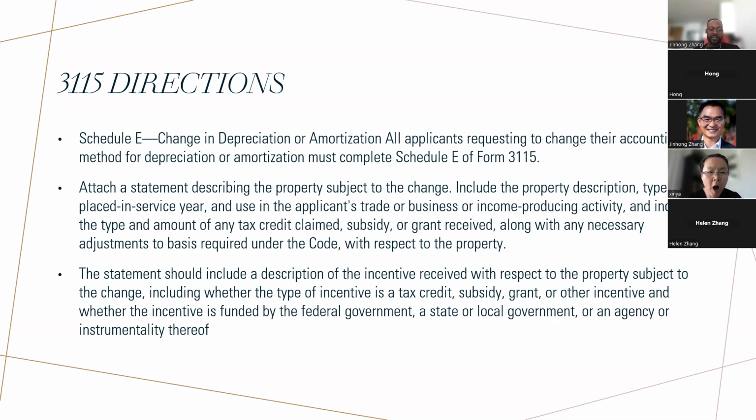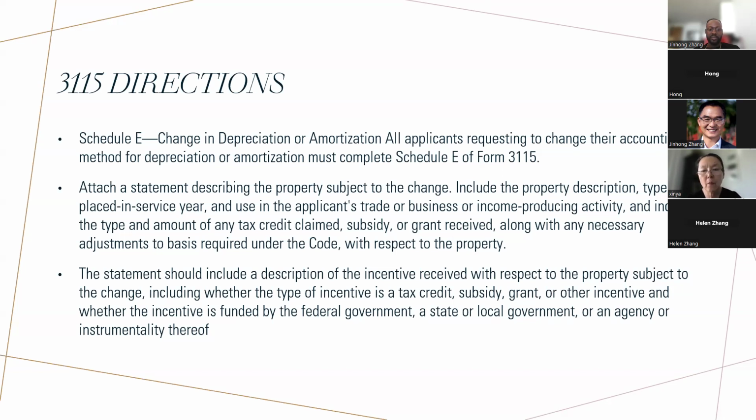You have to attach a statement describing the property subject to the change. So you include the description, the type of property, the year it was placed into service, and the use in the applicant's trade or business.